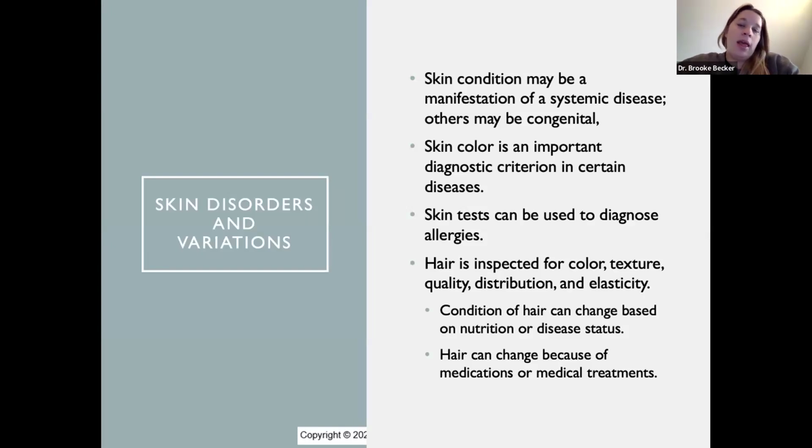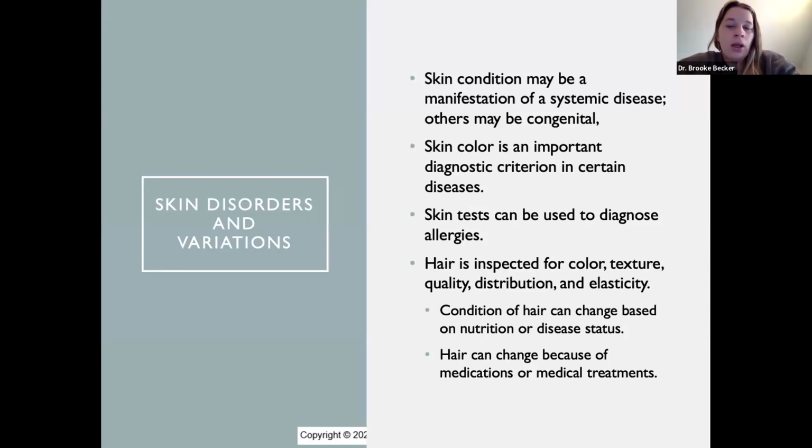Okay. Hair, obviously, that goes along with skin conditions. So inspecting color, texture, quality. There's a disruption, if kids start having their hair fall out, then that may be an indication of those kids not getting good nutrition, or they're beginning to be a disease process like thyroid dysfunction or something that's occurring.